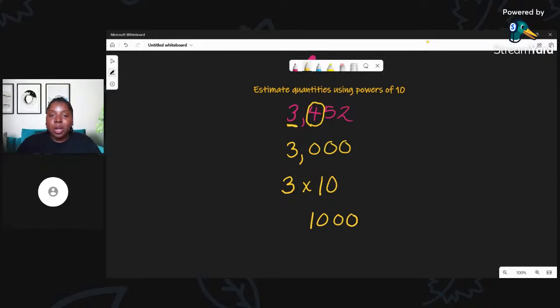So 10 to the first power is what number? Okay, tell me this. 10 to the second power. What does squared mean? How would I write this?